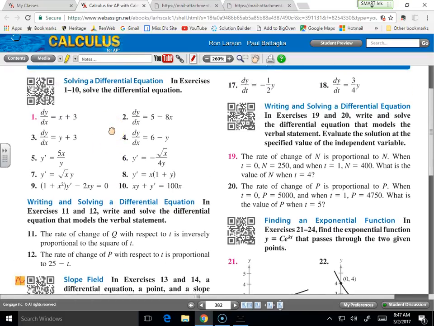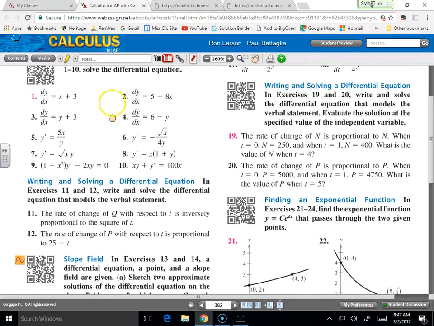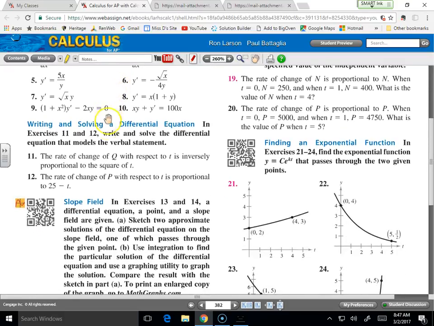So remember, we're solving for y just in preparation. For 11 and 12, we're not going to totally do one, but what are you trying to do? Write and solve the differential equation that models the verbal statement. They're not telling us exponential growth, but something similar with inverse proportion, and if they don't say inverse, it must be directly proportional to.